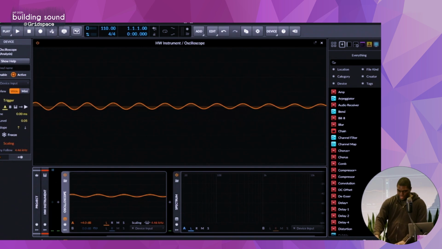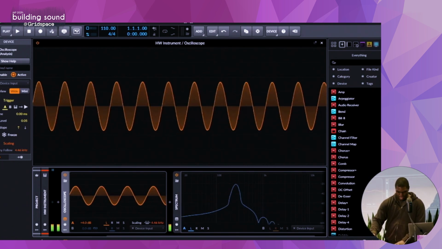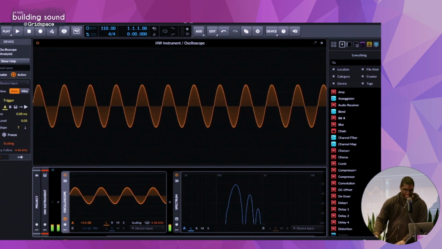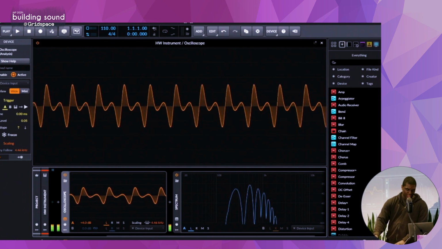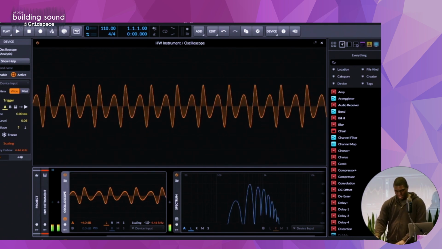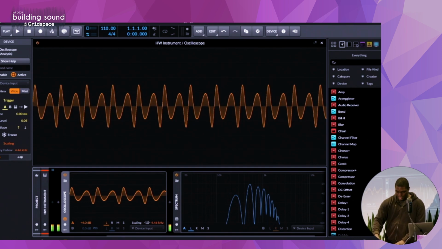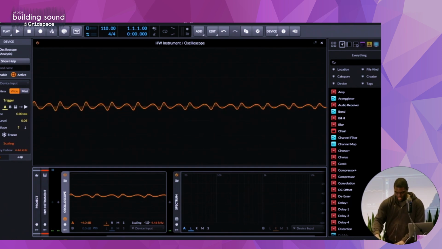So when we start modulating it, this is a linear FM synth, so you're going to just see the spectrum, those harmonics start to be introduced. And of course, you can modulate our modulator.